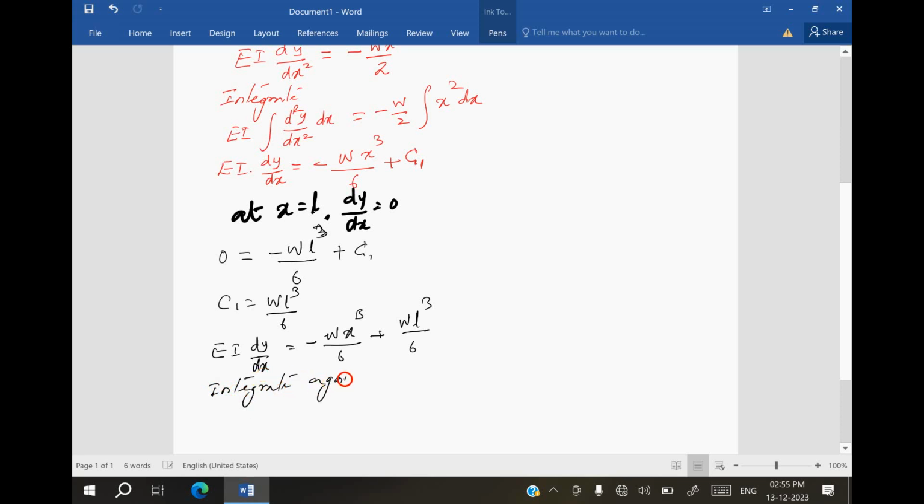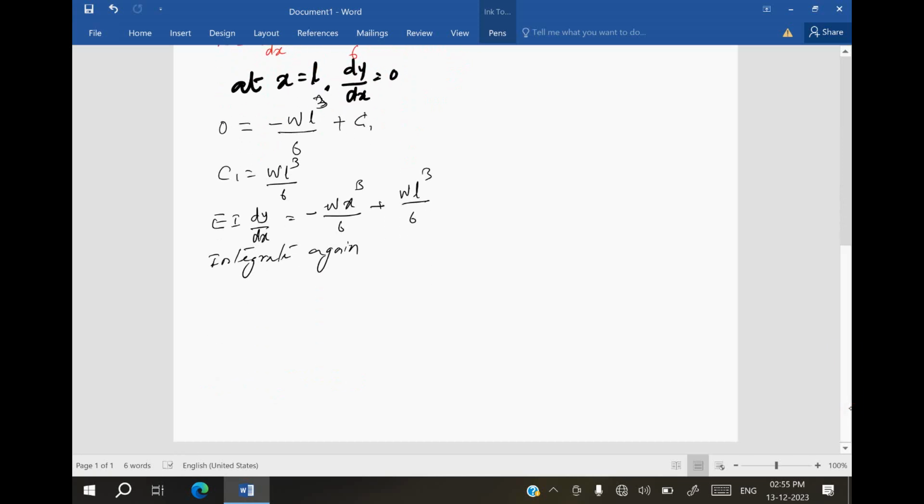Integrate again. If you integrate again, what are you going to get now? You will get EI integral of dy by dx into dx is equal to minus w by 6 into integral of x cube dx plus WL cube by 6 integral of dx.